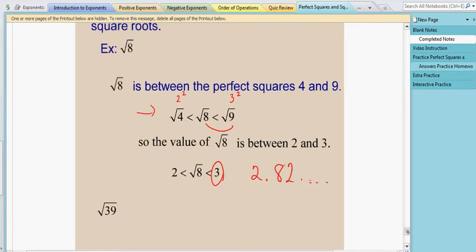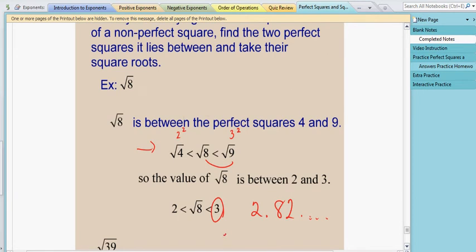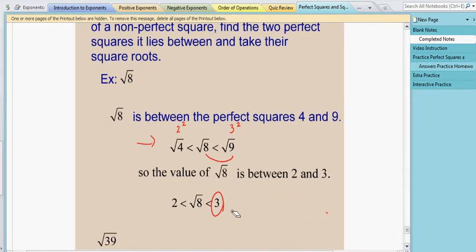So the square root of 8 is approximately 2.8. You wouldn't know if it's 2.7, 2.8, or 2.9, but you can approximate. The answer to the question, the value of the square root of 8, is this notation that shows the square root of 8 is between 2 and 3. That's how you write your notation.